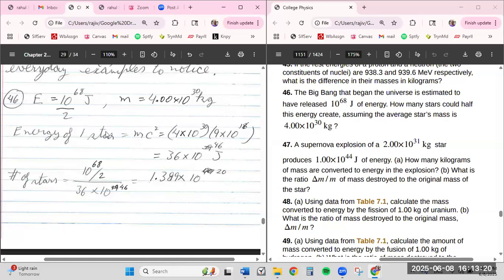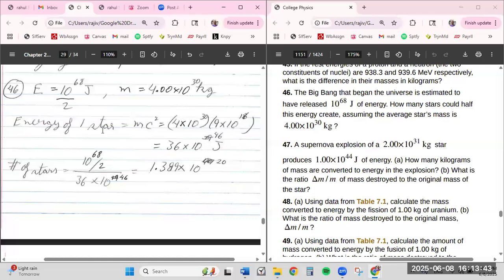So we're only going to use half of that energy, as the problem says, which means the energy available to us for creating stars is 10 raised to 68 divided by 2. The mass of each star is 4 times 10 raised to 30 kilograms. So the energy of each star, energy, remember, is mc squared.